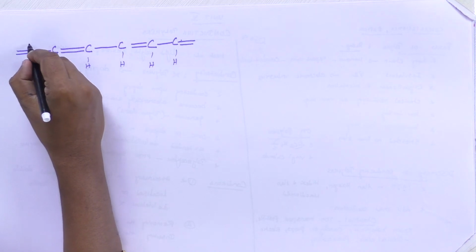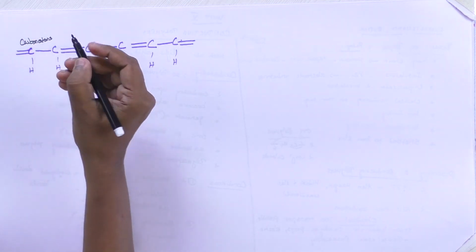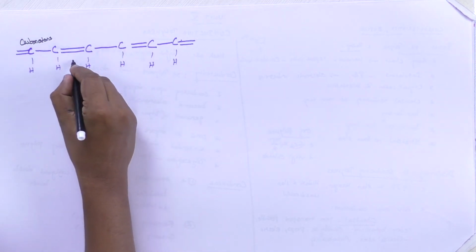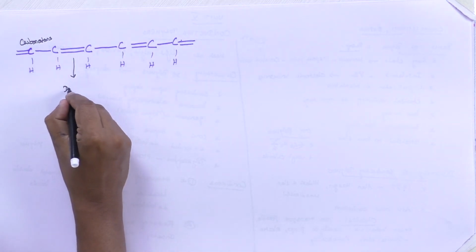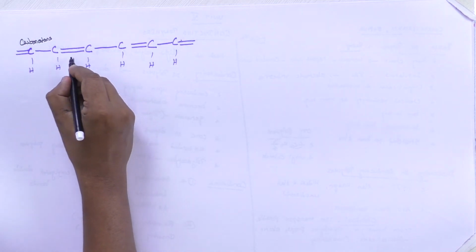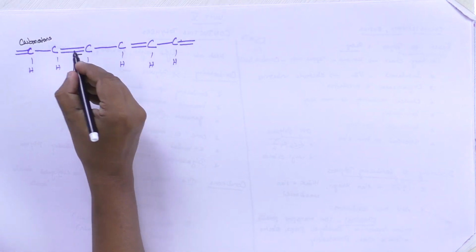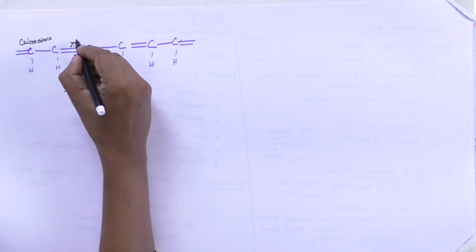Where we have the carbon atom, so these are nothing but carbon atoms, and this is your double bond. In the double bond, this particular bond is a sigma bond, and this particular bond is a pi bond. And what is the role of the pi bond?